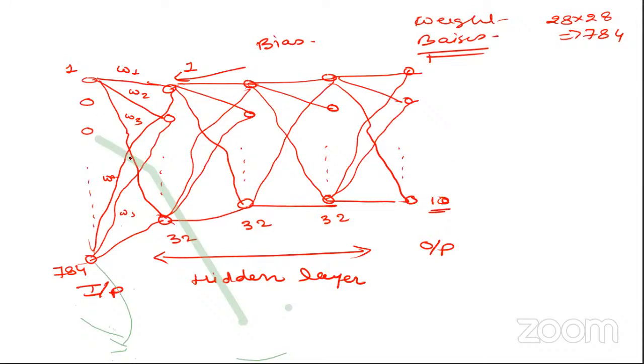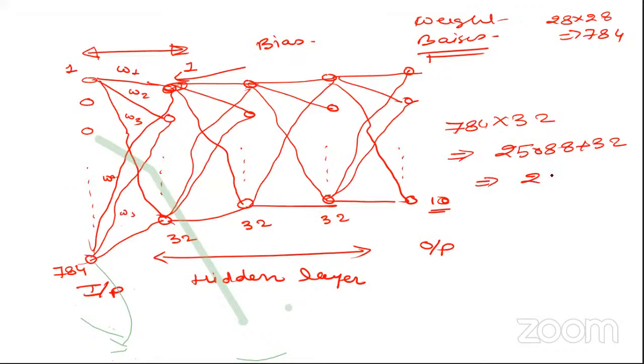So how many? You can see how many connections are there. 784 multiplied by 32. You have to update these many weights while you are working only on these two layers. And because 32 biases are there, so plus 32.